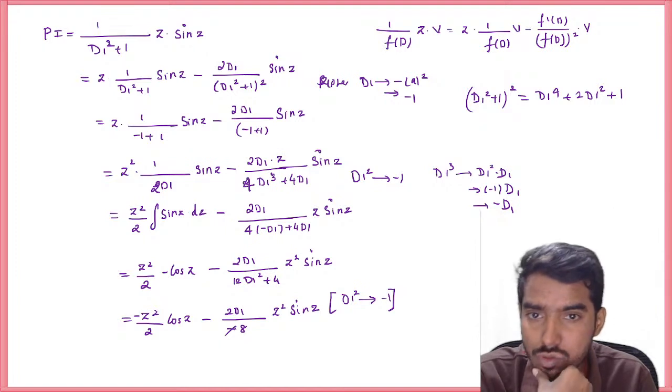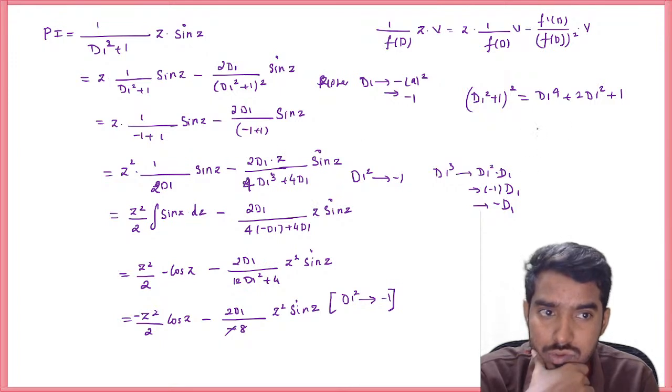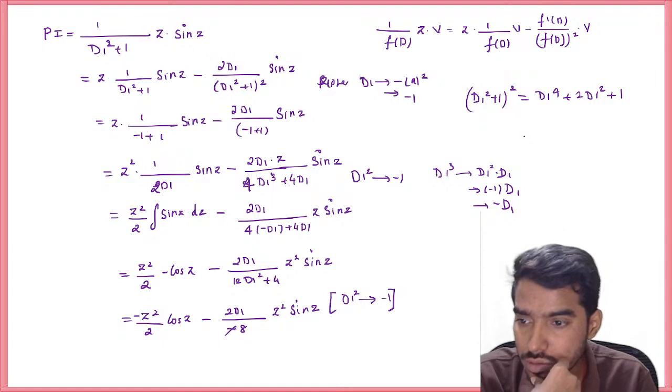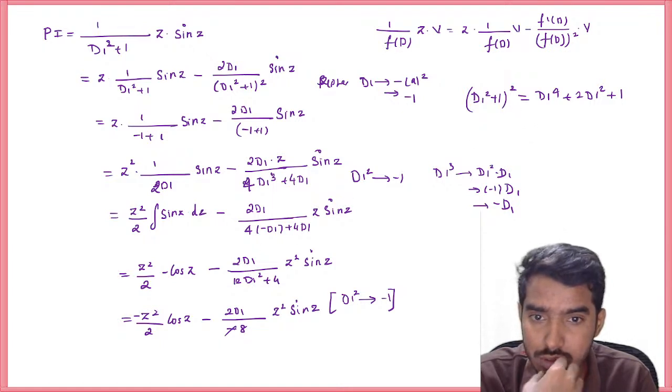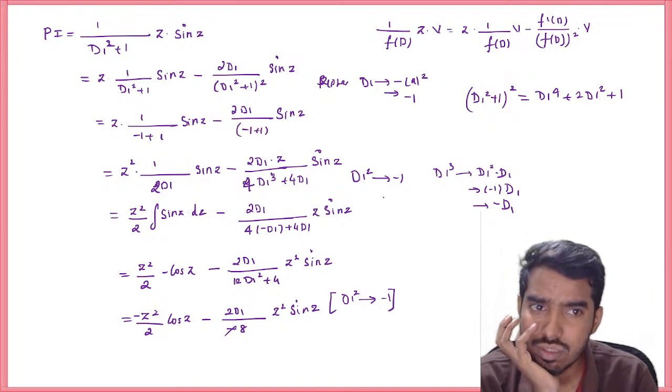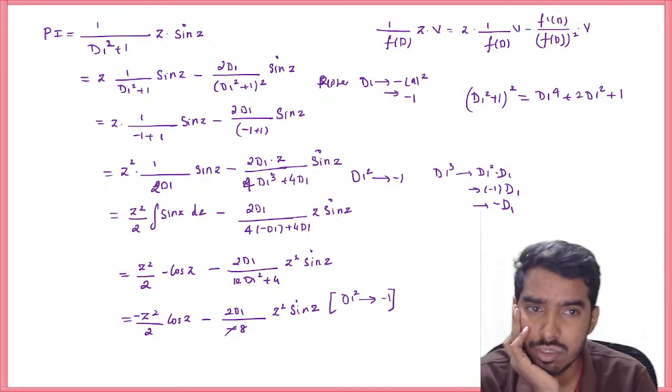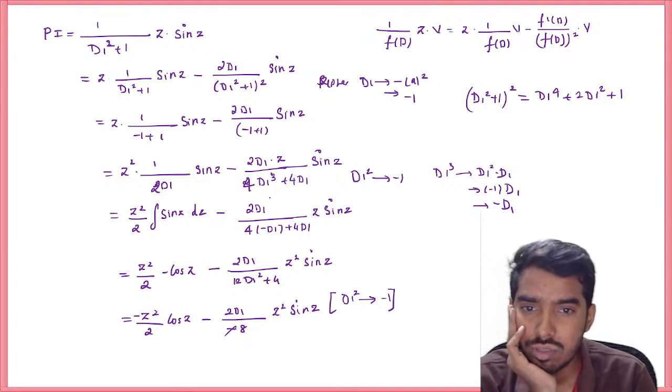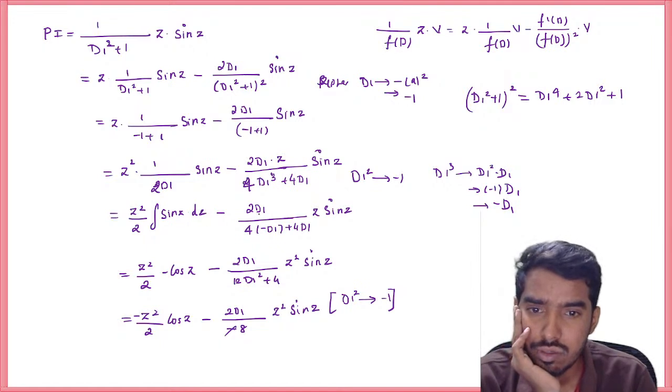D power 4 plus 2D square plus 1. D power 4.